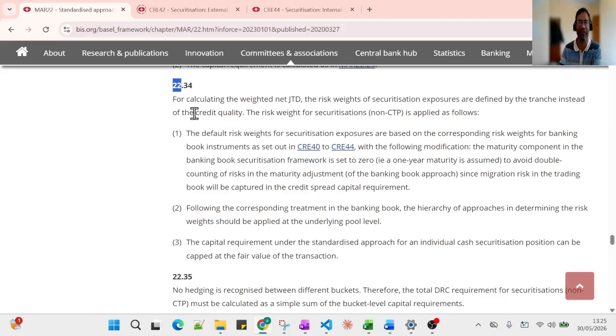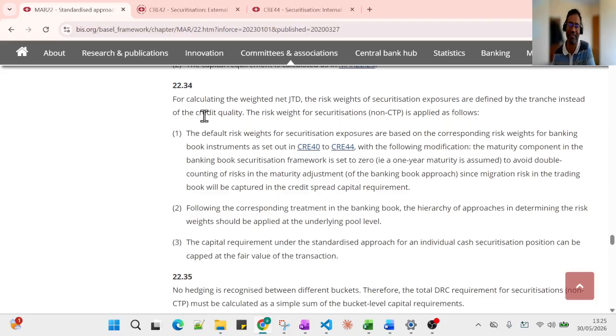It is MAR 22, which is the main text for default risk charge. The main point is, if you remember from my previous article, that risk weights are important. When you calculate the final DRC capital, you multiply risk weights by the net jump to default exposure.